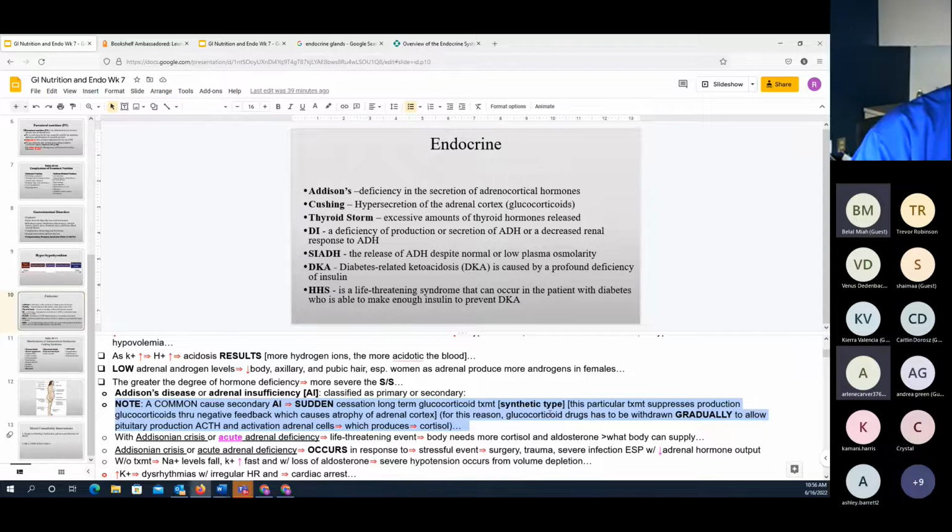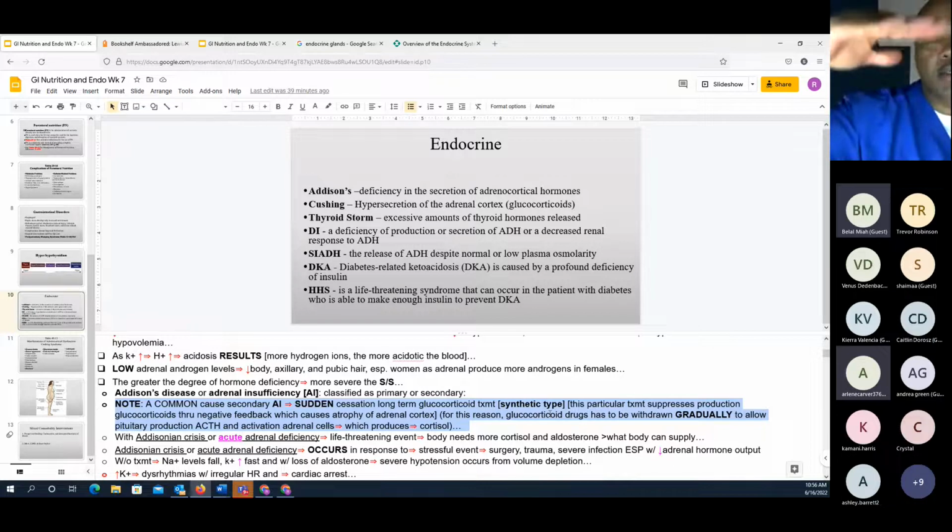When someone has a synthetic steroid, the negative feedback loop has kicked in, and so the adrenal gland is not producing anything at that point until we begin to wean. As we wean the synthetic hormone, the adrenal gland produces more of its own.